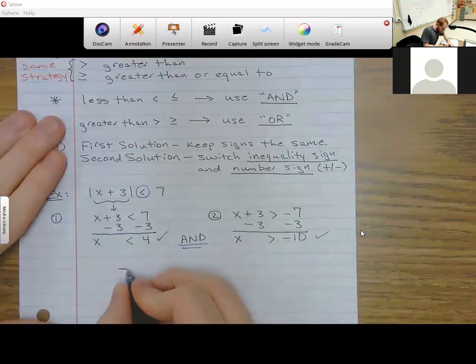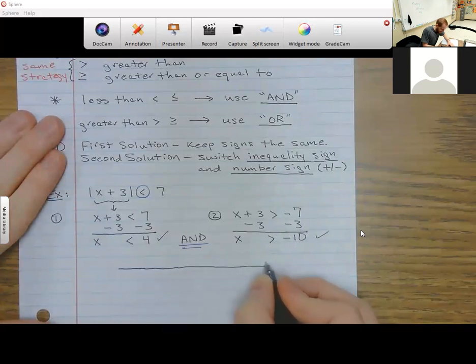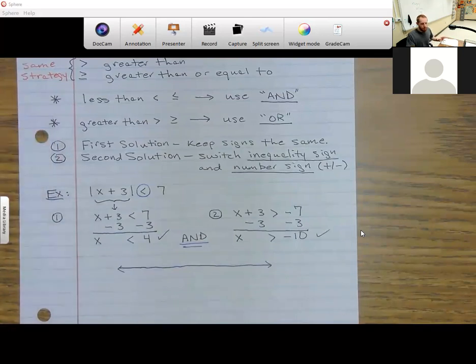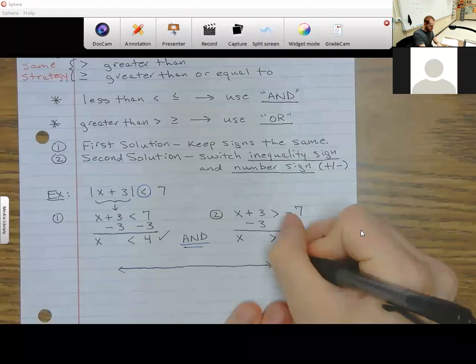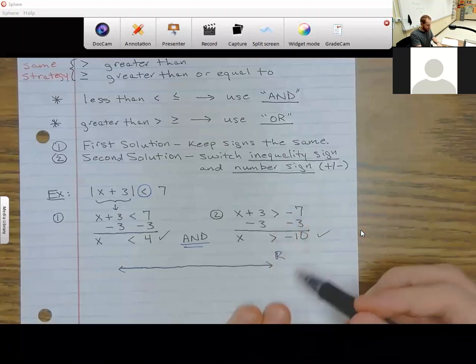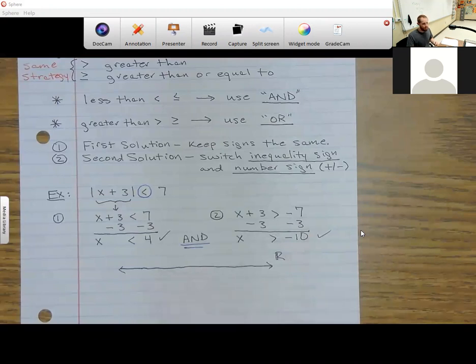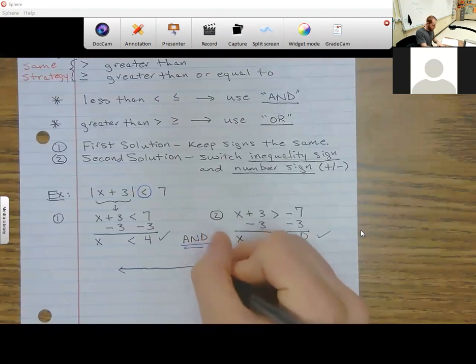But let's say we have a number line. Okay, that's good enough. And I'm going to put the capital R over to the right side. That just stands for real numbers, right? Every single real number in the universe lives on this line somewhere, right? And I'm going to put 0 in the center. Well, actually, I'll probably put it over here a little bit.